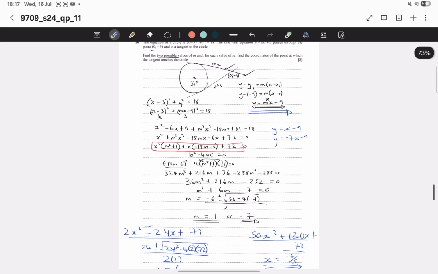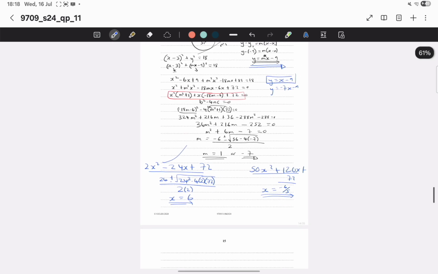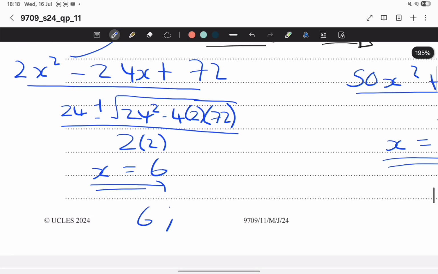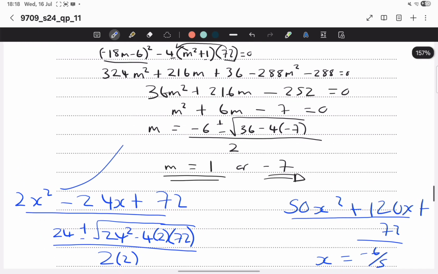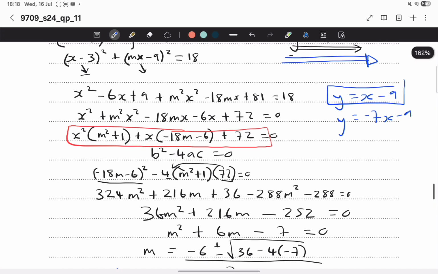We got the first one by saying m is 1. So we use the first equation, y = x − 9, and 6 − 9 gives us −3, so the point will be (6, −3). For the other one, where x = −6/5, we say −7 multiplied by −6/5, minus 9, and we get y = −3/5.